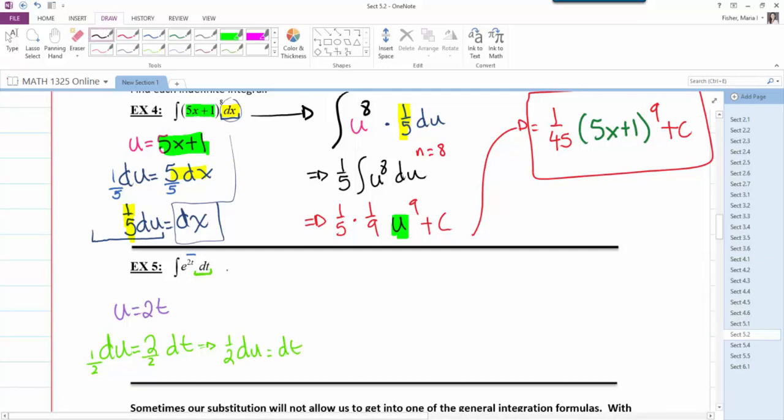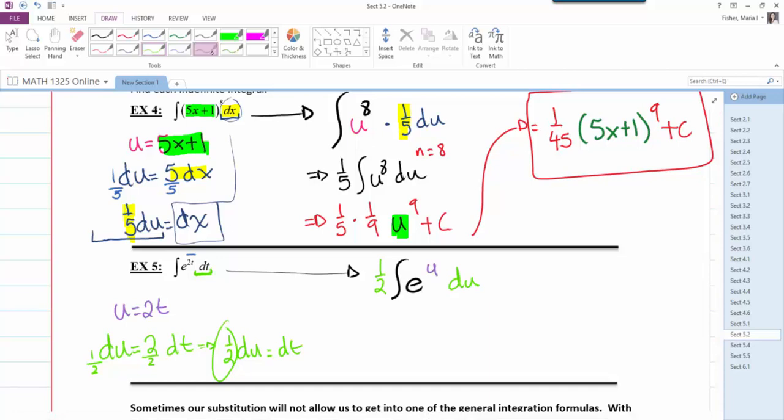So if I were to substitute, I end up with e. Remember, 2t is equal to u. So e to the u. And my dt is 1/2 du. Constant multiplier goes on the outside. Since that's a constant multiplier, I'm always going to place that outside of the integral.